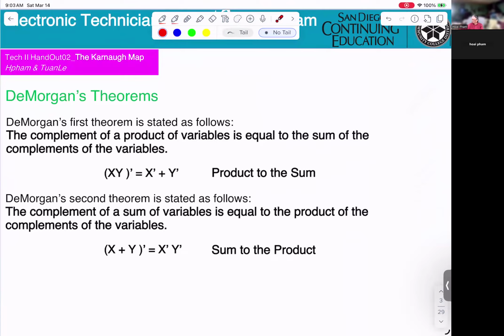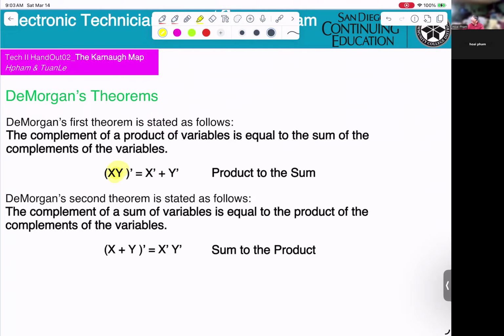Now we try to make sure, okay, I repeat for you De Morgan. Okay? You get the not equal. Okay?